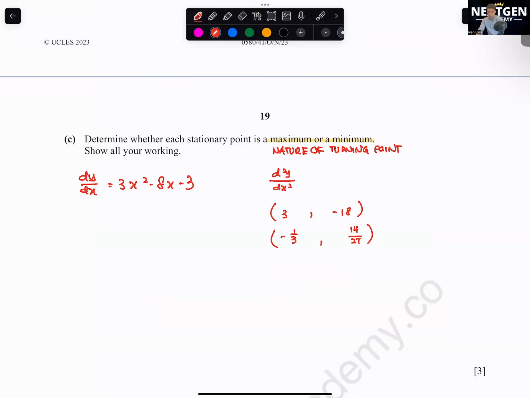I'm going to differentiate it once more. d squared y over dx squared, so we get 6x minus 8.